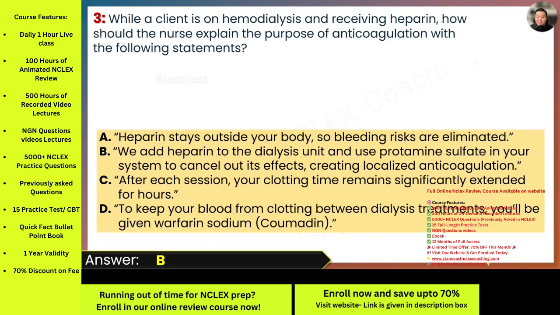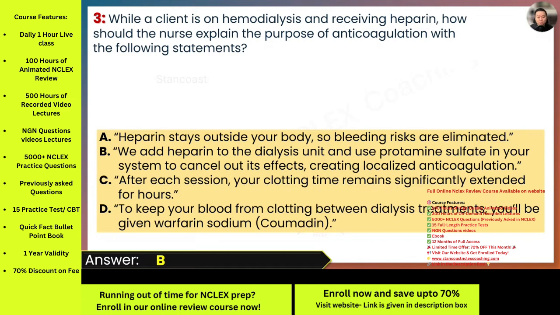Though a small amount can still enter the bloodstream, this will increase the risk of bleeding. And even though dialysis nurses carefully monitor clotting times to ensure heparin is properly neutralized, some residual effects may persist, making the statement really misleading. And so we are discarding this option.